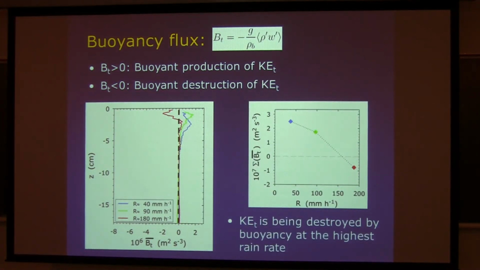And if you average them over depth, you in fact see a negative trend in the buoyancy flux. So even though it is still positive at 90, the buoyancy flux is decreasing, indicating that buoyancy is starting to overcome the turbulent generation.